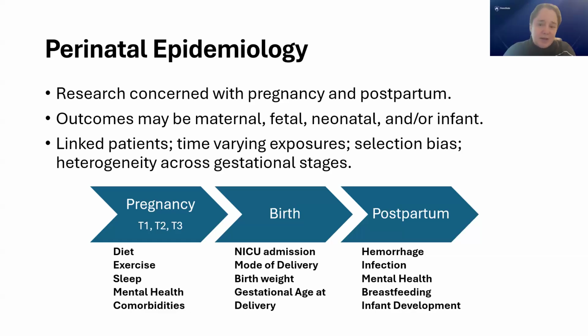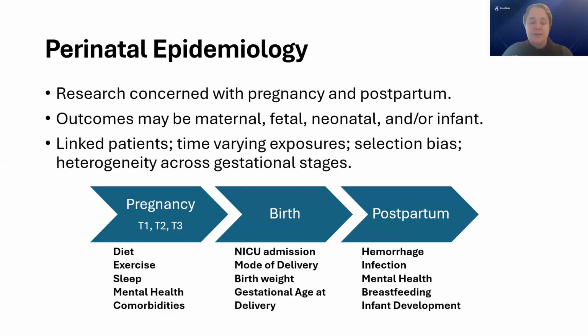Some of the key challenges that we'll talk a little bit about today in the field of perinatal epidemiology are linked patients. Because mothers and infants are linked patients, our data needs to capture this connection. And furthermore, exposures can change over time, like infection and treatment and environmental risks, and this requires careful modeling and consideration in the short time frame of pregnancy.